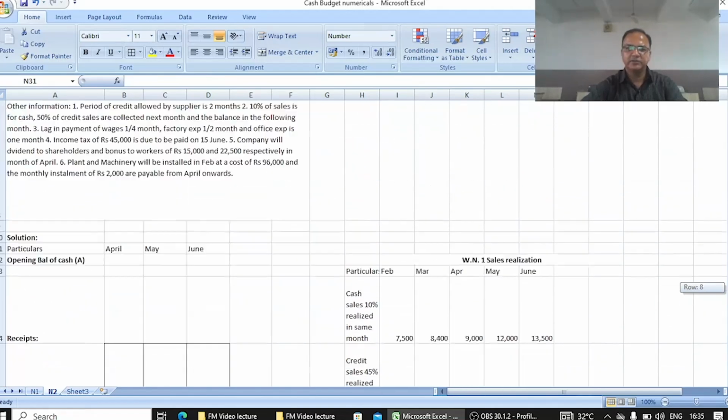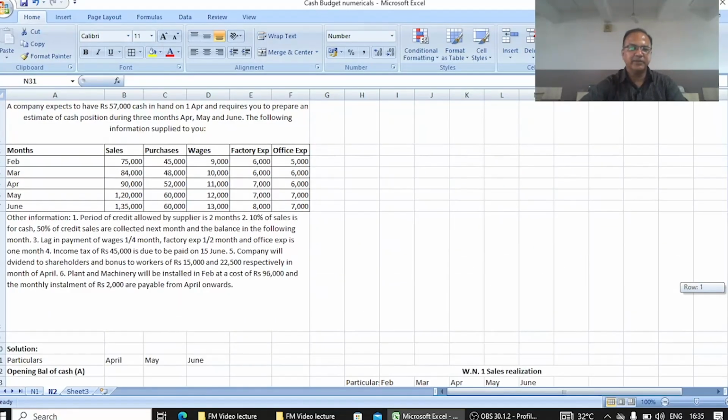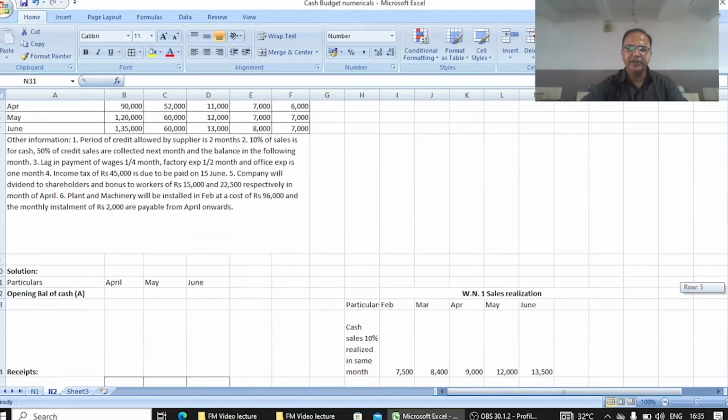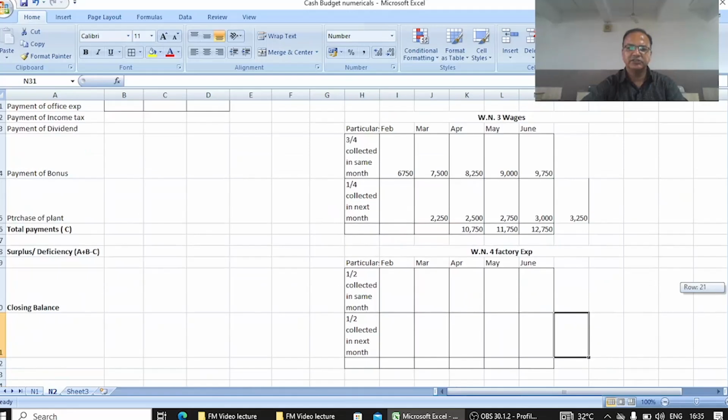Factory expense 6, 6, 7, 7, 8. 6 means 3,000 here and 3,000 here. Again 3,000 here. Again 3,000 here.